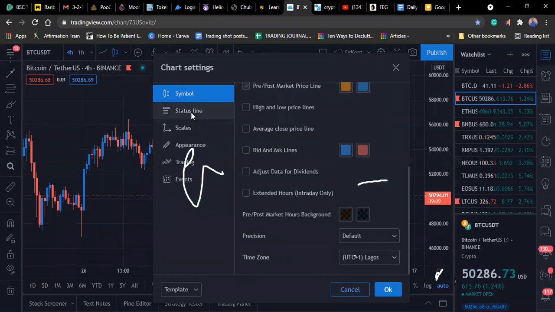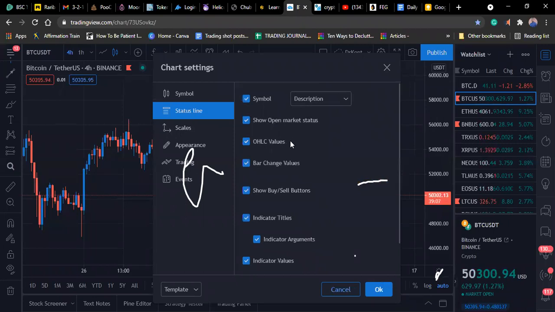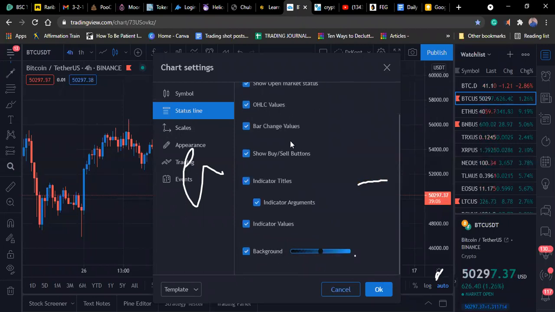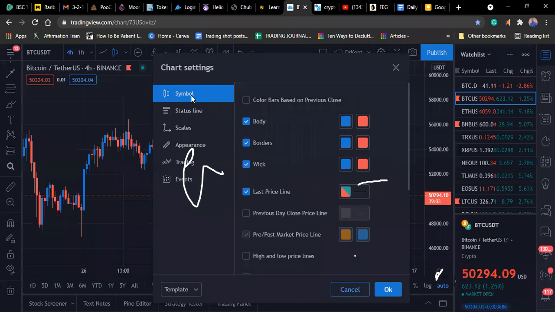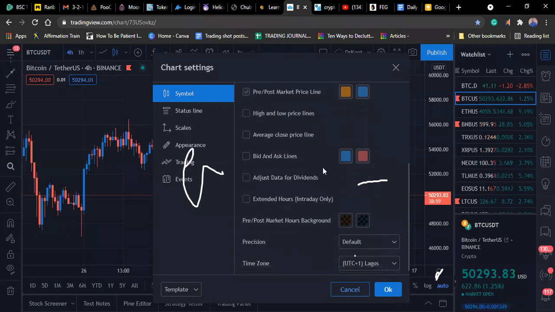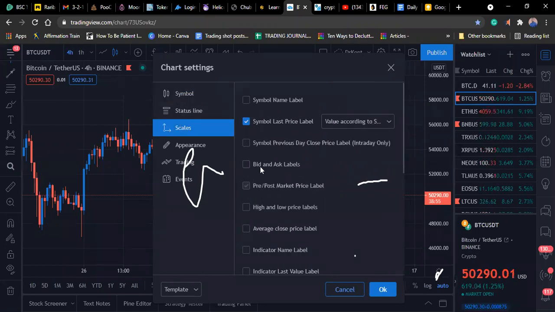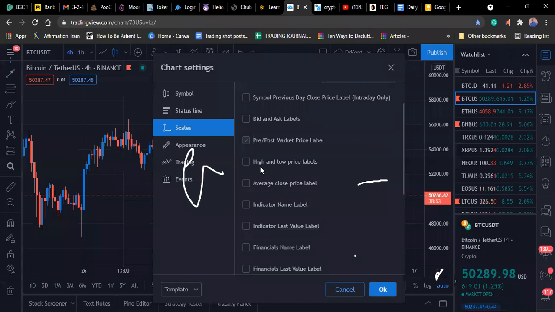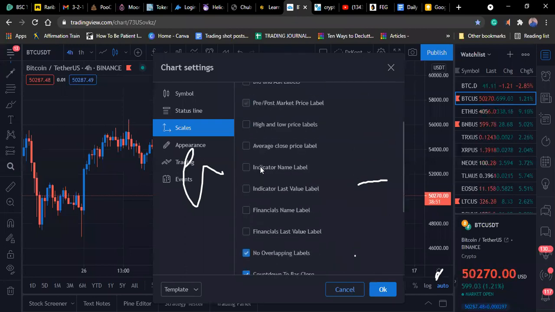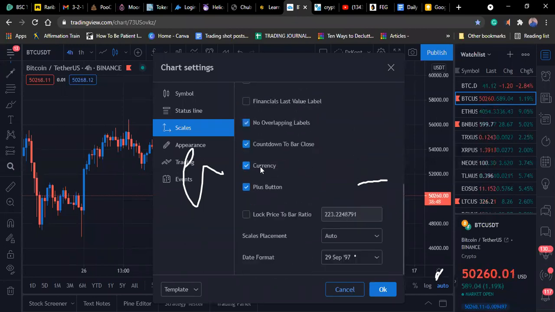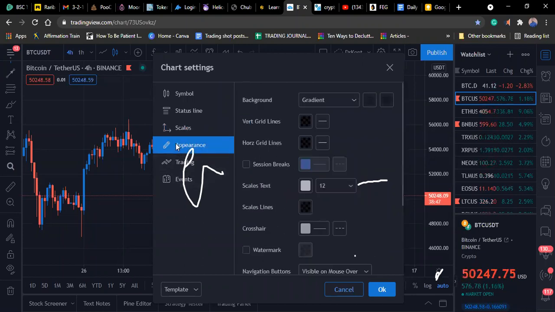Then you can come to status line, symbol. Then you can come to scales, nothing to change there. Then you come to appearance.